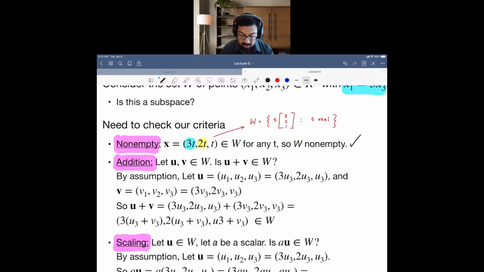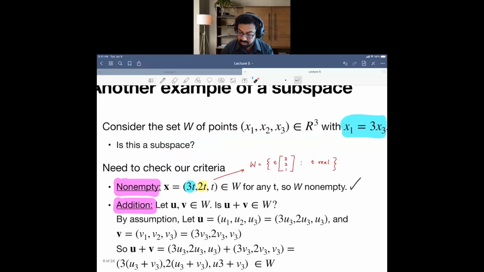Next condition is, is it closed with addition? So I'm going to assume U to be a vector in R cubed, V to be another vector in R cubed. So they belong to W. U and V are vectors in R cubed that belong to the subspace W, which means that they satisfy this particular criteria.